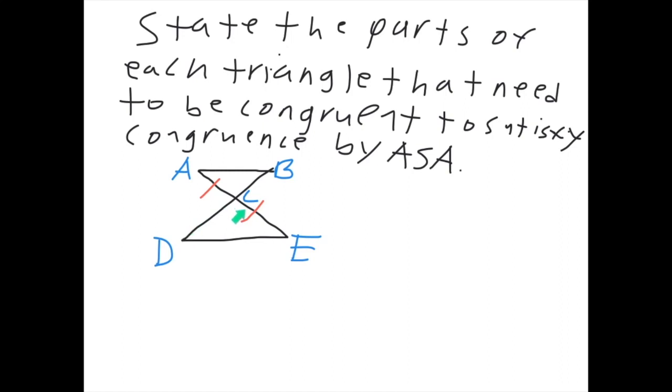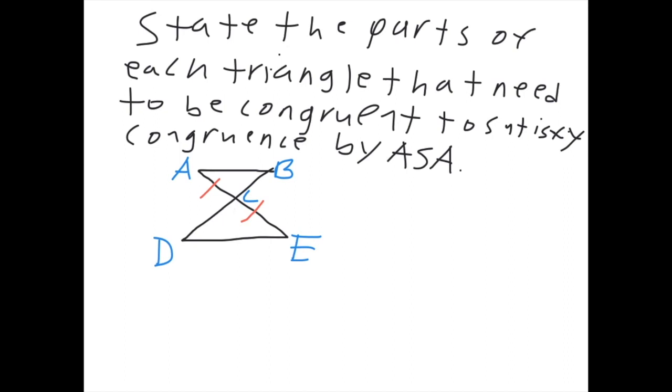We also know that angle DCE is congruent to angle ACB, because those two angles are made by DB and AE intersecting, so that means these two angles are congruent. So we know ACB and DCE are congruent.